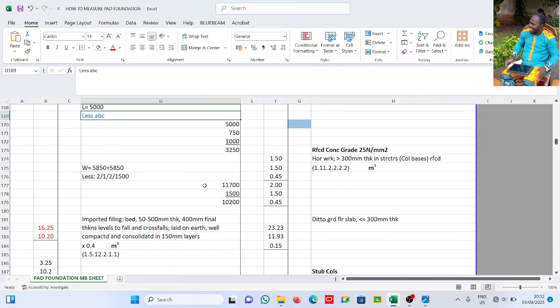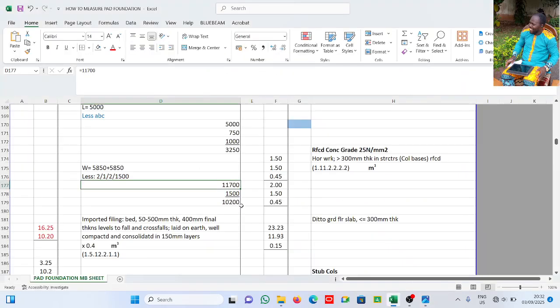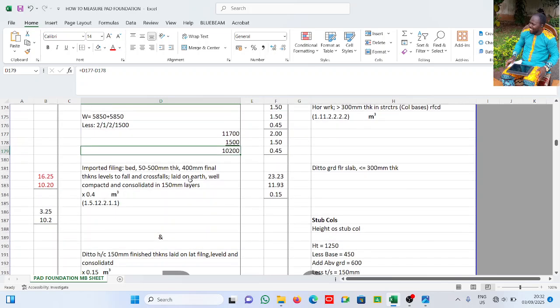All right, and this one also, which is this plus this. I'm lessing 2 by half by 1,500 because the width is 1.5. Remember, this column base here is 2000 by 1,500. So I have this. So this is the imported filling. It is 400 mm thick.